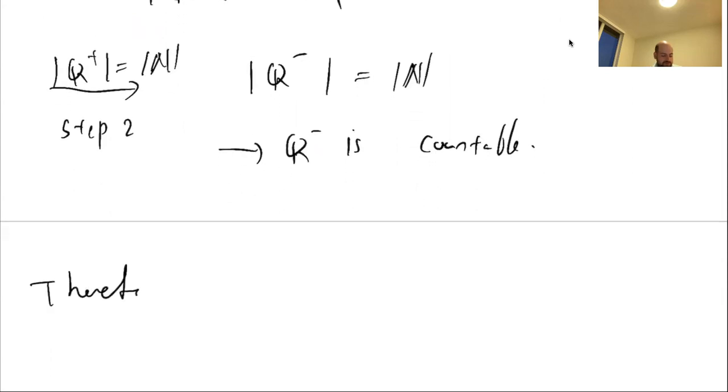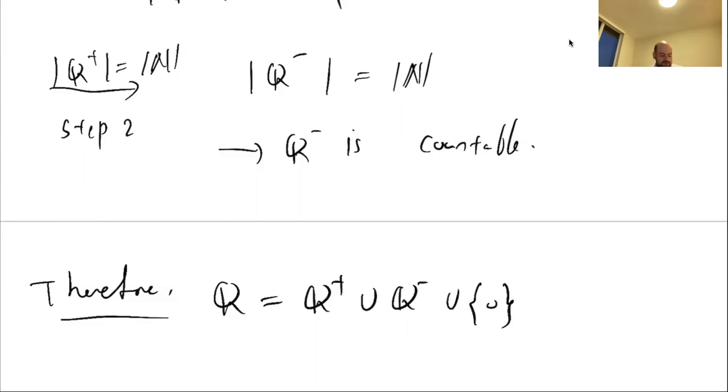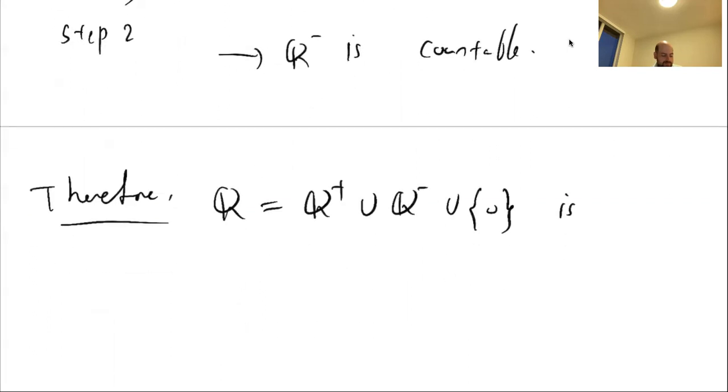Therefore, Q equals Q plus union Q minus union 0 is also countable.